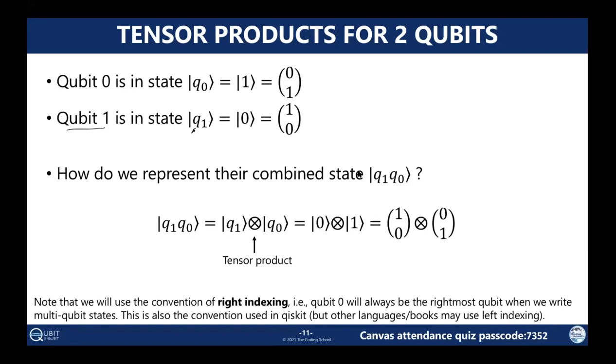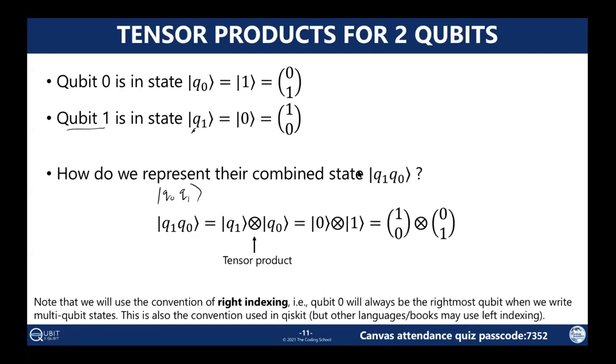So this is where Qiskit diverges from how I just wrote it. A lot of textbooks and a lot of papers do write your qubit state as Q0, Q1, where your highest index qubit is on the rightmost side.